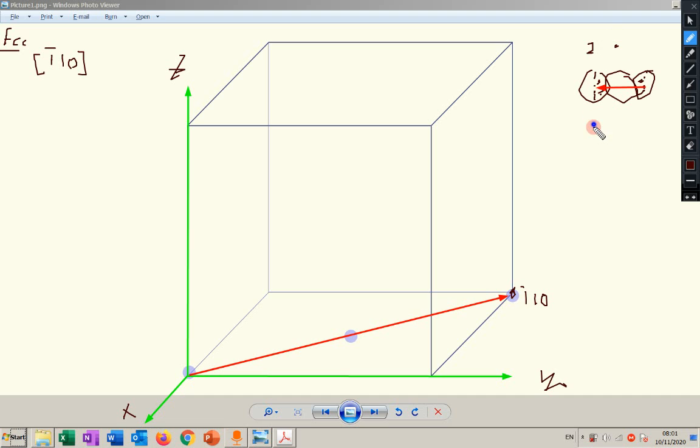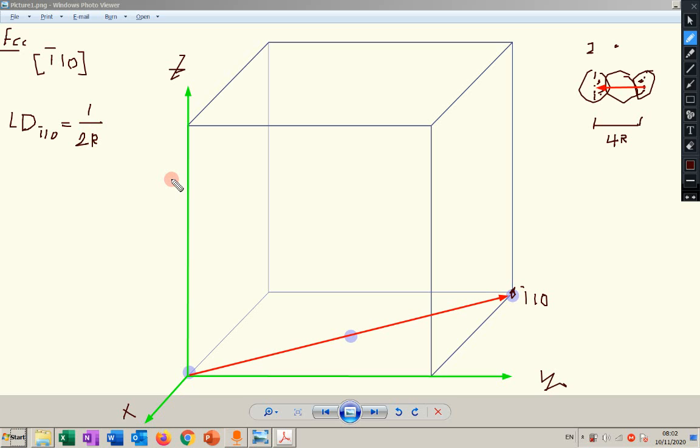So it's still the same way. When you find the linear density for minus 1, 1, 0, it's going to be again 1 over 2r.